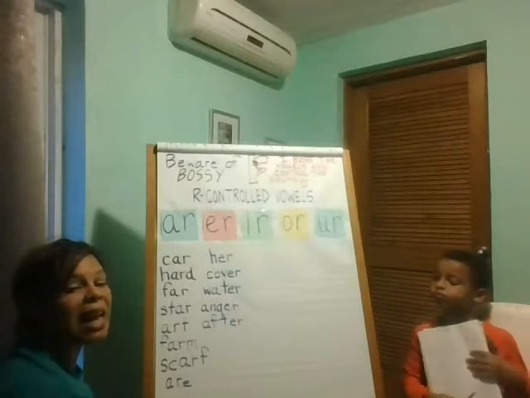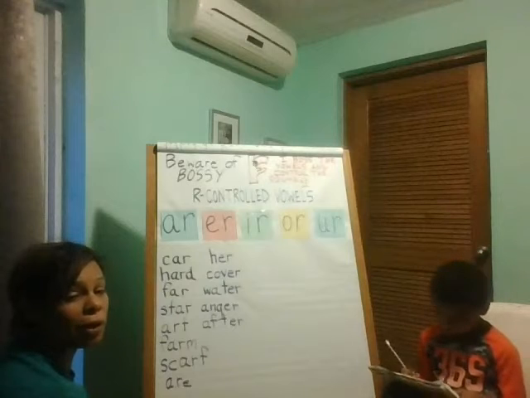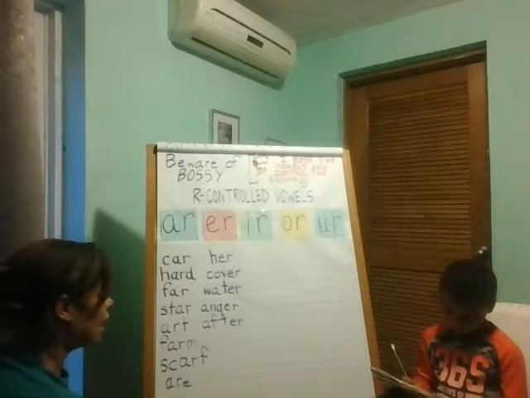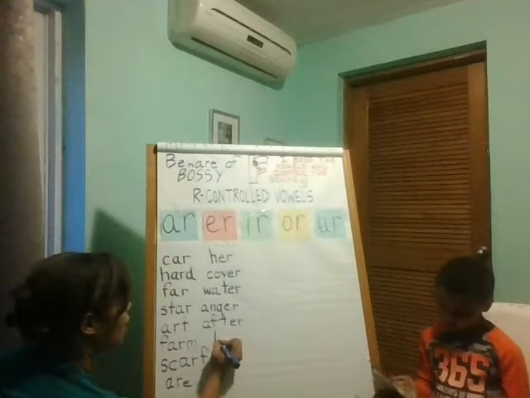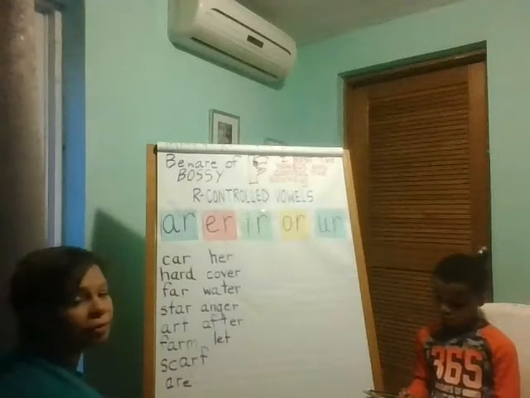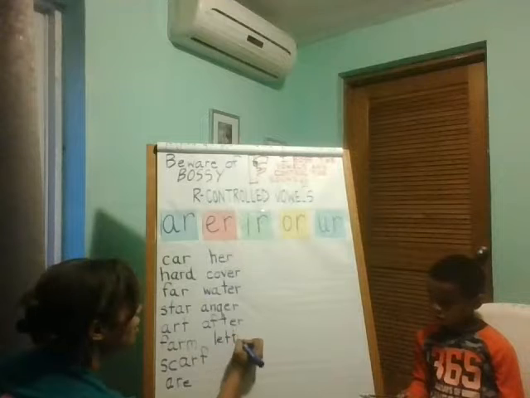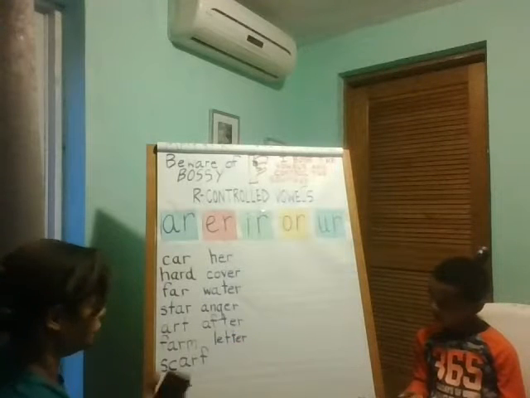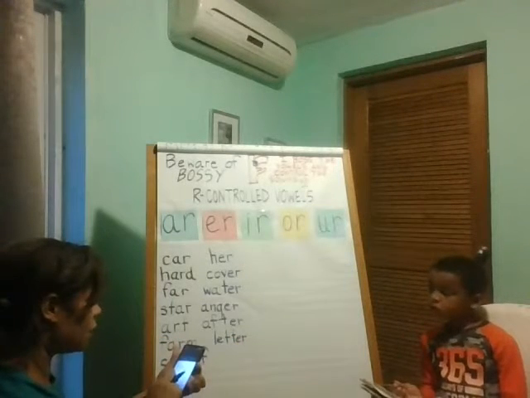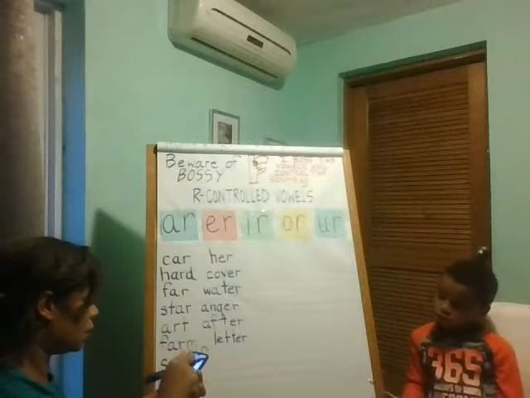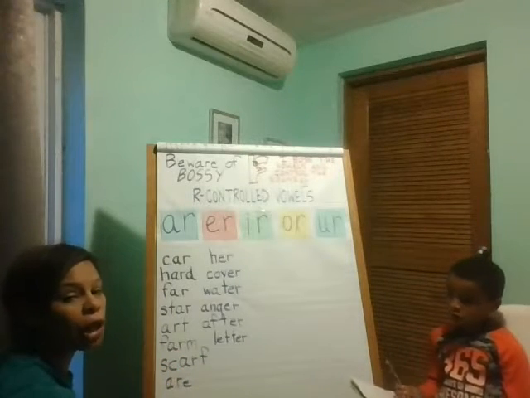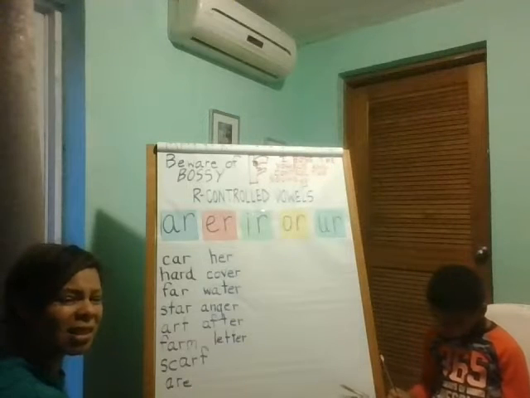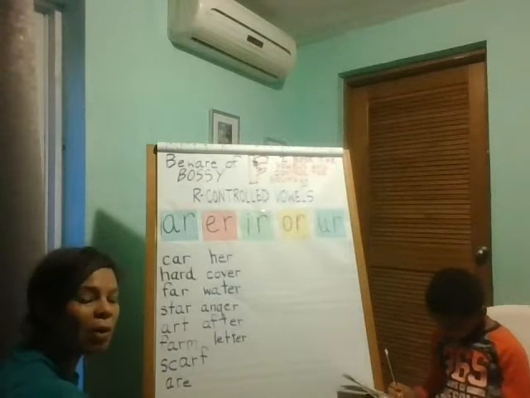Next we have letter. This has a double letter in the middle. Letter. L-E-T-T-E-R. Yay. After letter, we have the word, this is a tricky one. You have this in your body, a nerve. This might be a hard word to spell, but think about how it sounds.